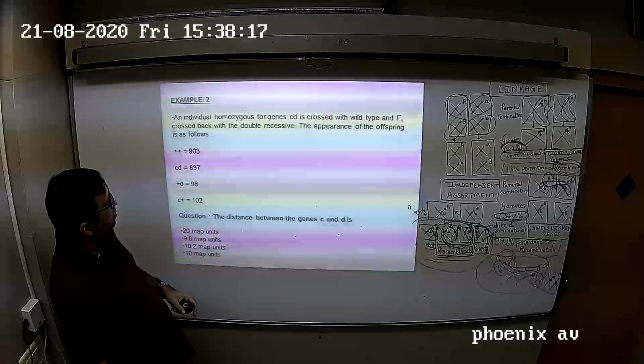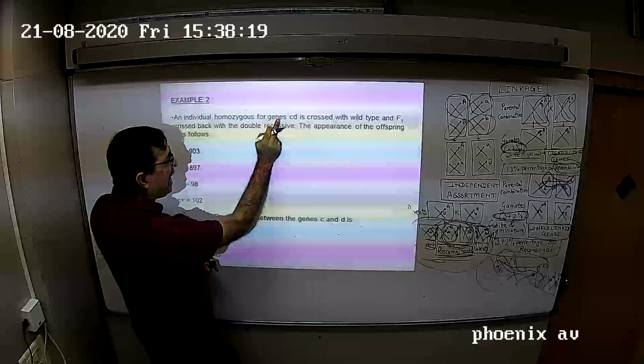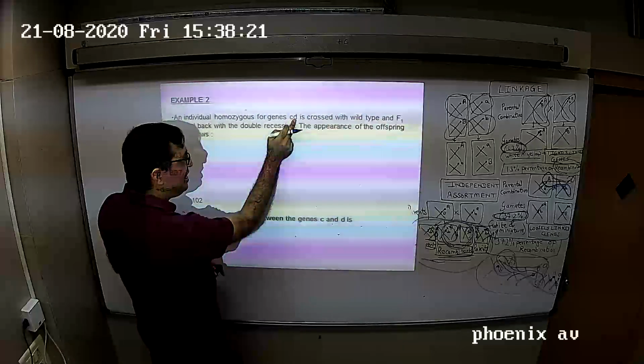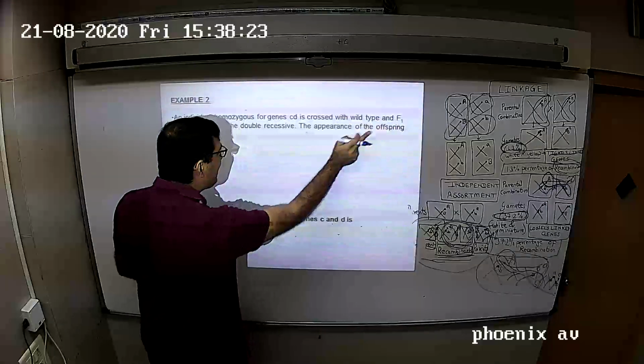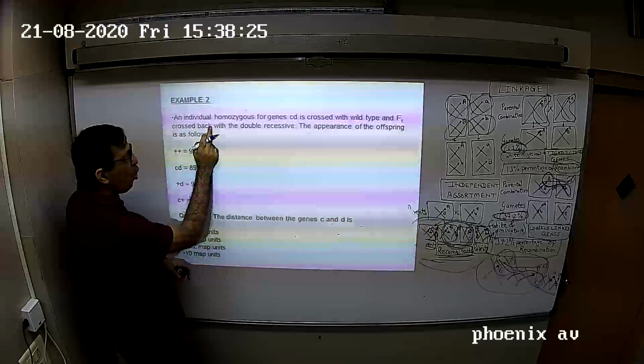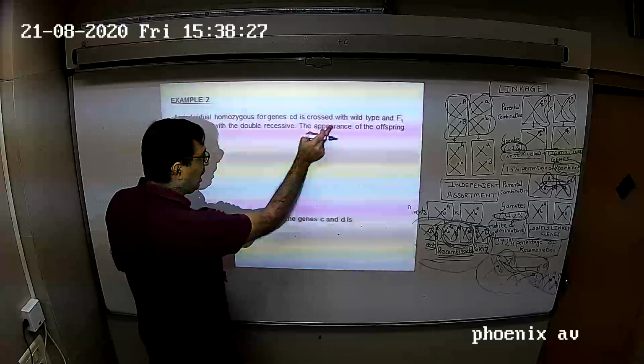Example 2. An individual homozygous for gene small d is crossed with wild type and F1 is crossed back with double recessive.